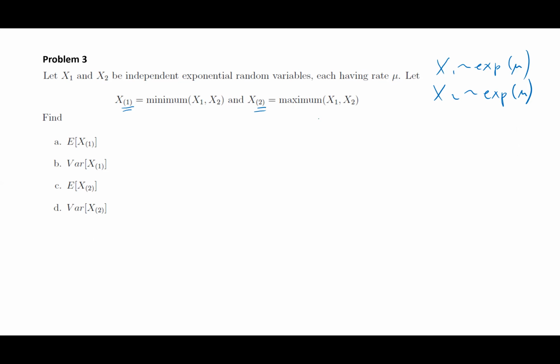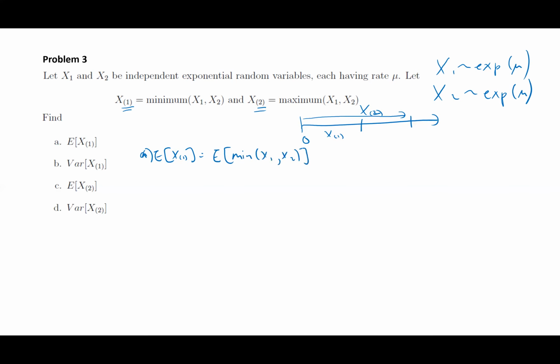Okay, so let's look at a timeline here. At 0, you can think of X(1) as this first event, and then X(2), it's actually this entire thing. That's X(2) being the maximum event. So first, part A, I want to find the expected value of X(1). That's like saying the expected value of the minimum of X1 and X2.